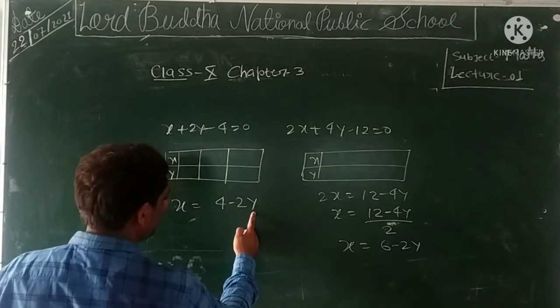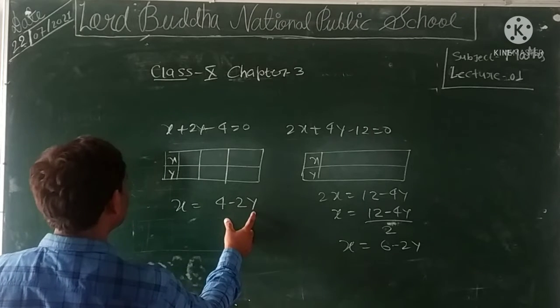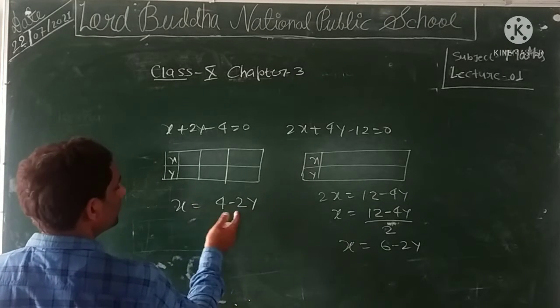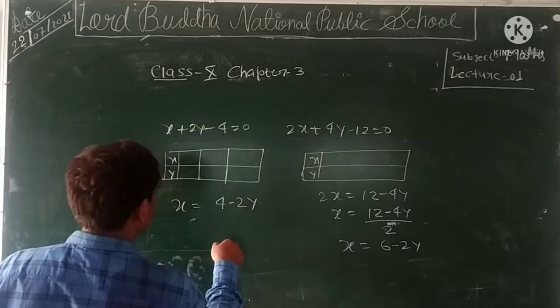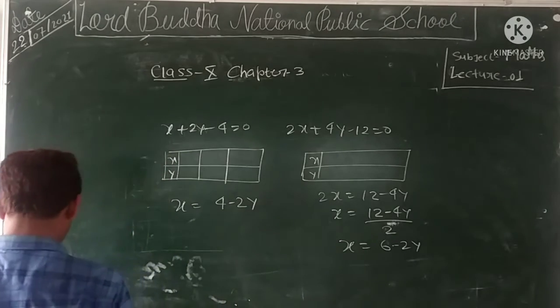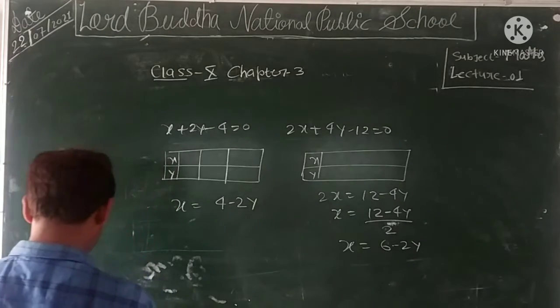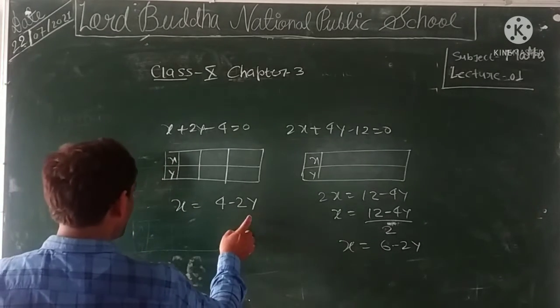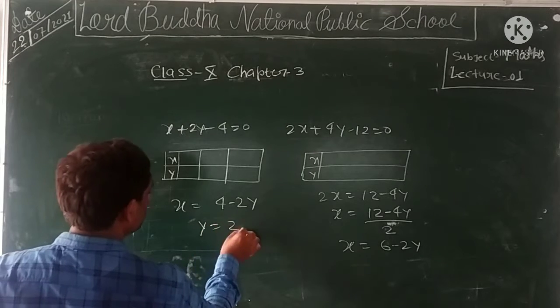We choose a value of y and get the corresponding value of x. In the first condition, y equal to 2.